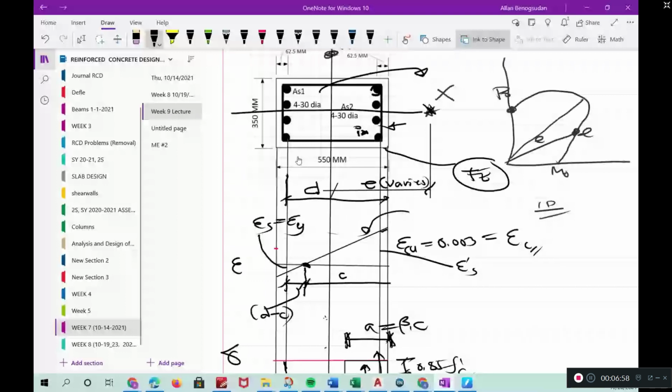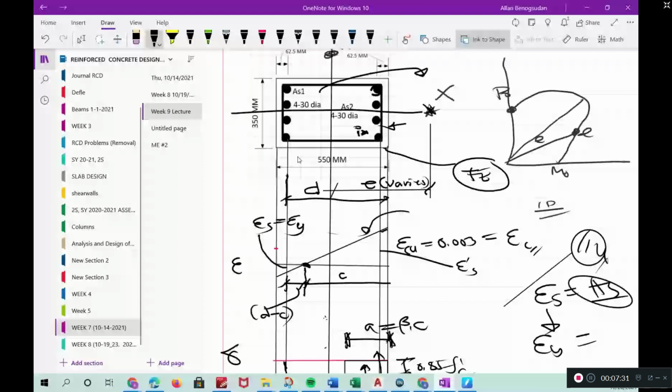Anong ibig sabihin nito? Yung ating design, pag nagde-design tayo, dapat failure. Kasi kung hindi mo siya i-design sa failure, hindi mo alam anong mangyayari, di ba? Kung yung E sub S mo, represent yung A sub S mo, kung gawin natin kaya na kung ano yung yield strength nitong bakal na ito, parehan natin. Yun ang ibig sabihin.